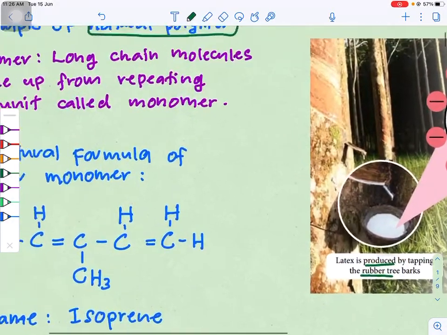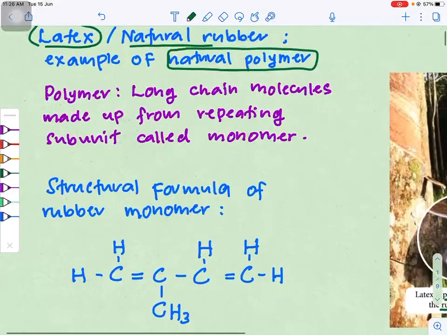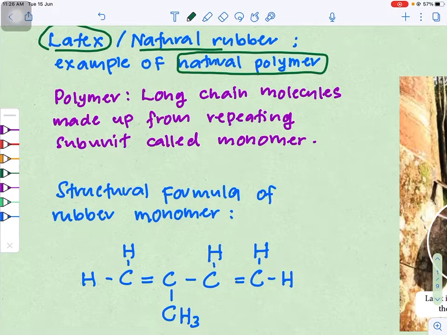So let's recall what a polymer is. A polymer is a long chain molecule made up from a repeating subunit called a monomer. You already learned about this under chapter 2, Form 5, carbon compound. A polymer is a long chain molecule, meaning the size is very big.